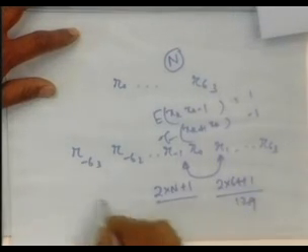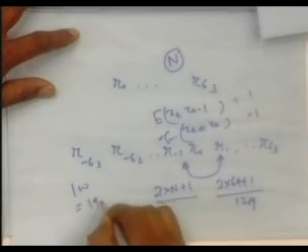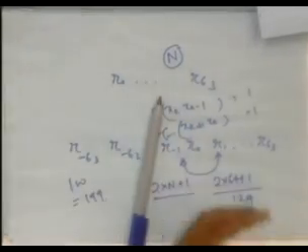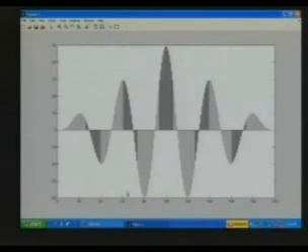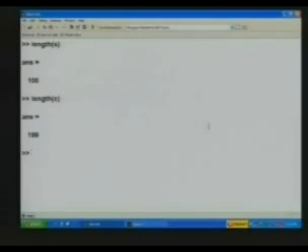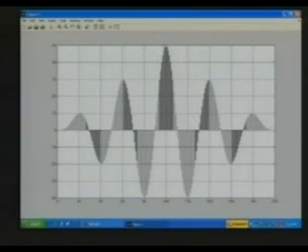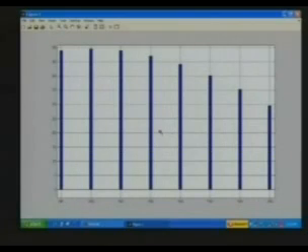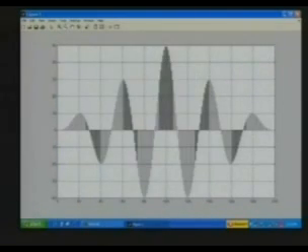In this case the signal is 100, therefore the length will be 199, and it will be symmetric, as you can see from the bar chart. This one represents the R0, and slowly you can see it is varying, damping and going away, is it not?